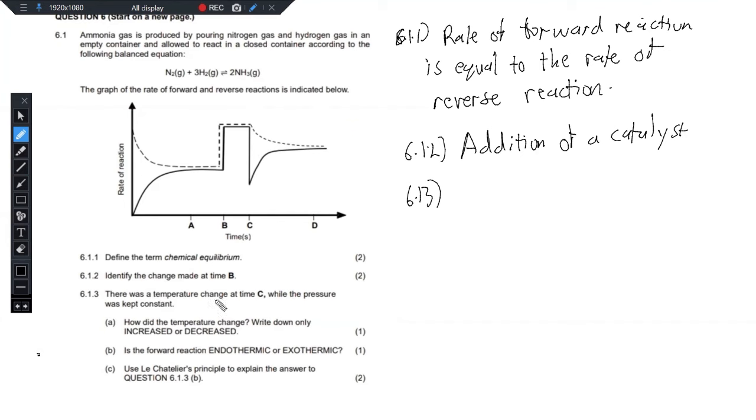Then there was a temperature change at time C while the pressure was kept constant. How did the temperature change? Write down only increased or decreased. Looking at C, we can tell by the rate of reaction there is a decline. We know this is an exothermic reaction.